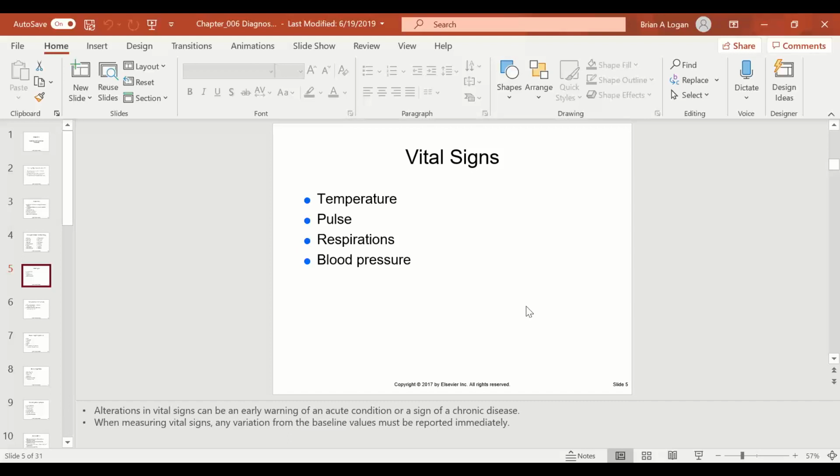Remember, whatever number you're watching on the dial, as soon as you first hear the pulse, you're looking at those numbers and you're recording that number. And that's your top number, the diastolic. And then you're listening. And then when you don't hear the pulse anymore, the last time you hear the pulse, you remember what number the gauge said. That's now your systolic, or the bottom number. And then there's your blood pressure. Right, you got the top over the bottom. Good to go.